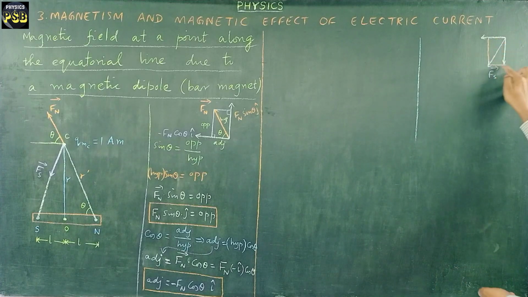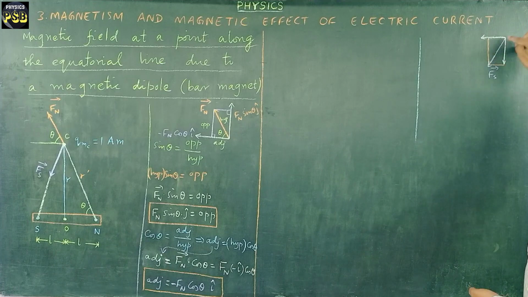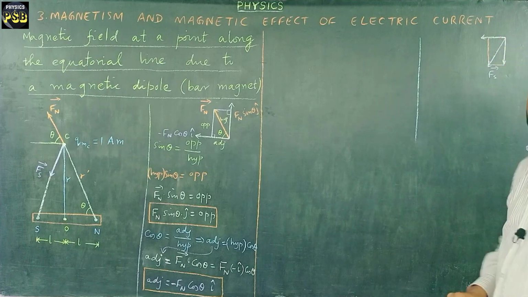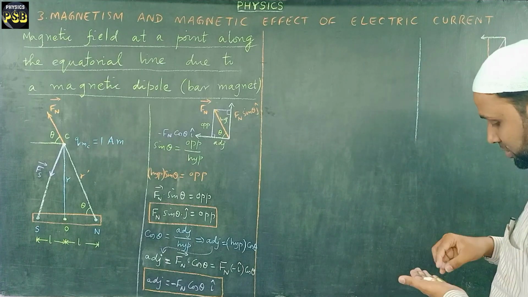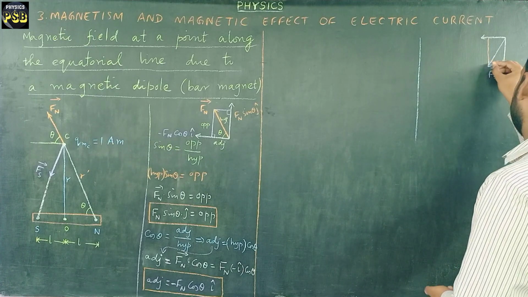Clear? It forms a rectangle. Then this line divides this rectangle into two equal right angled triangles. Got it? Then we have two right angled triangles.